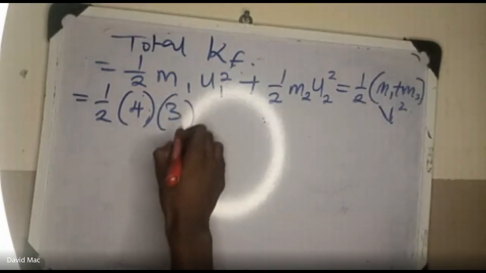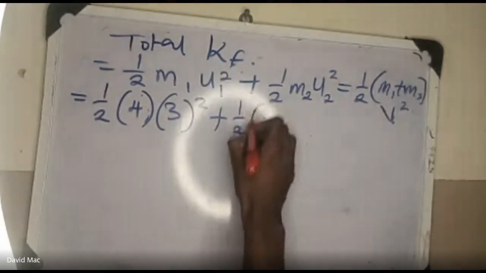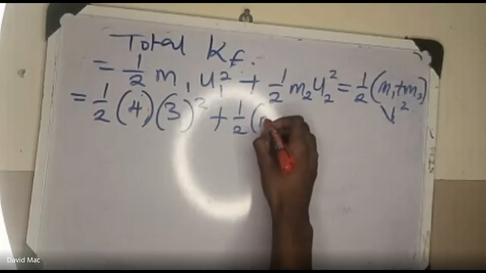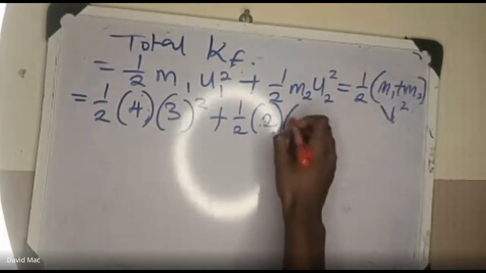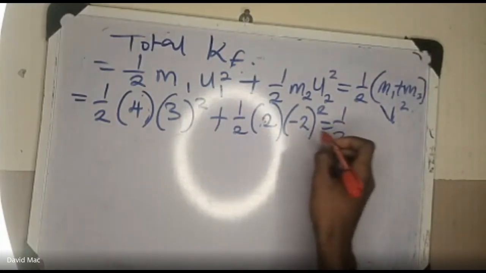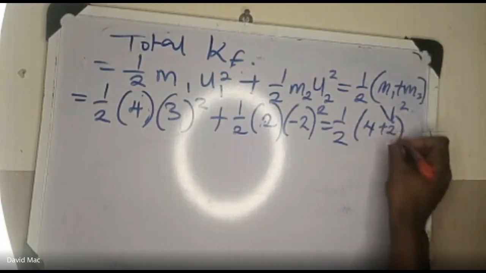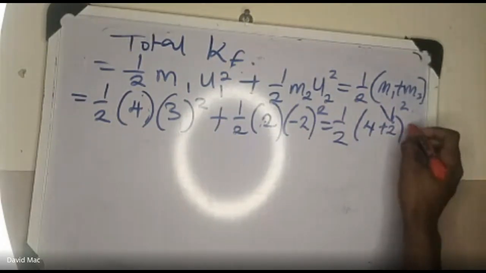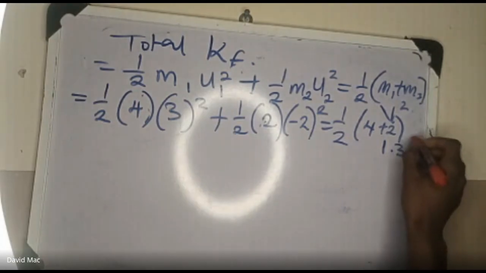Our u1 was 3, so you say 3 squared, plus 1/2. What was our mass for the second body? The mass was 2, so 2 times open bracket minus 2 squared, is equal to 1 over 2. What was our two masses? Our two masses was 4 plus 2. Then what was our general velocity? Our general velocity was 1.33 squared.